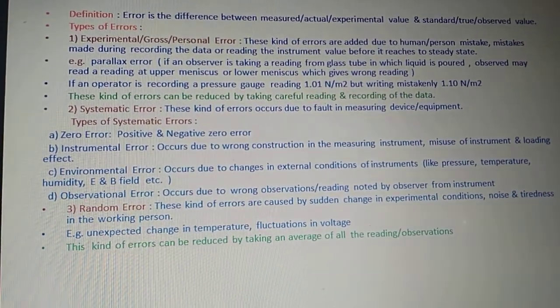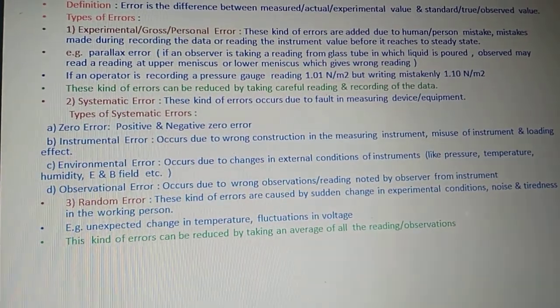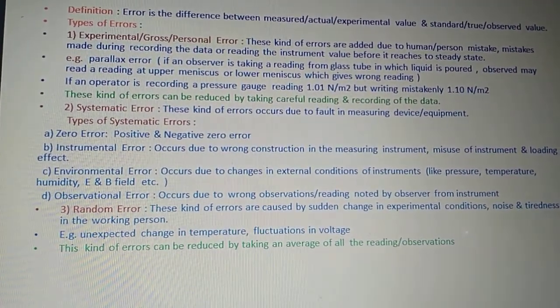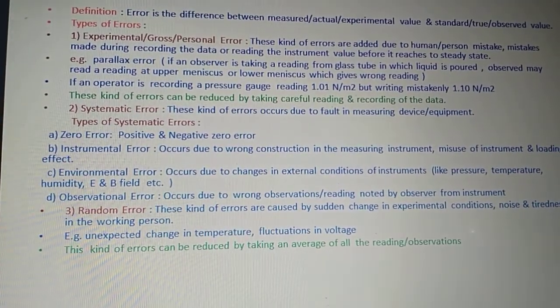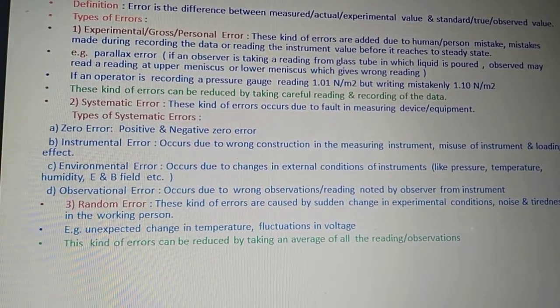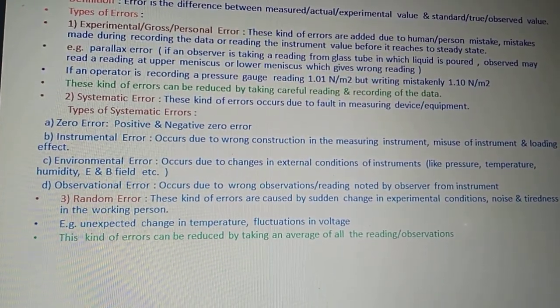Now let us try to understand what is experimental error or gross error or personal error. By the name itself you can easily understand, these kinds of errors are added due to the human's mistake or the mistake of the person who is carrying out the experiment.